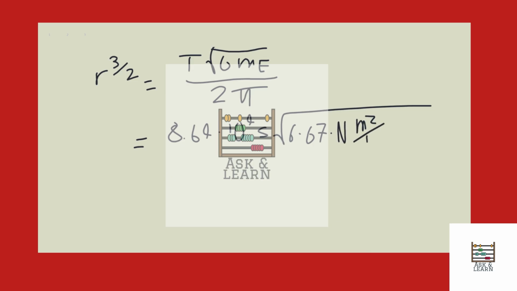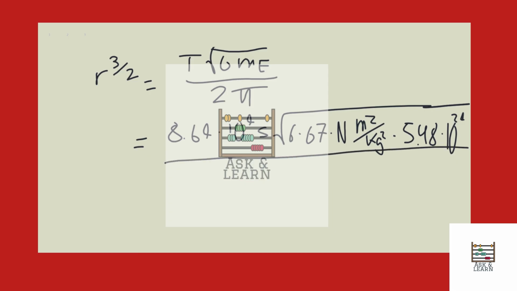It's meters cubed over kilograms seconds squared, times 5.98 times 10 to the 24. That is the mass of the Earth, and that is going to be all over 2 pi. The mass of the Earth should have units of kilograms, but sadly they do not fit on the edge of the page anymore. But our final answer for r is going to be 4.32 times 10 to the 7 meters.